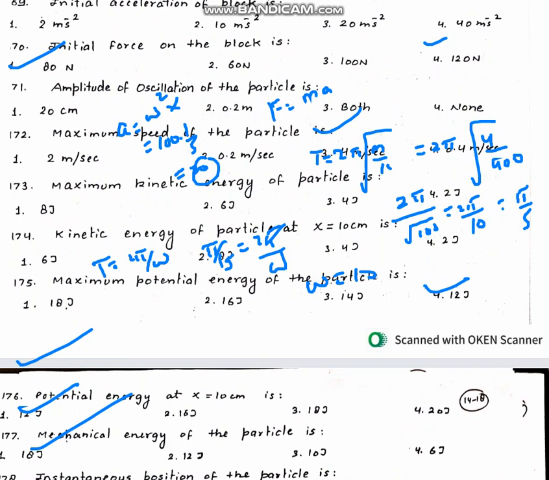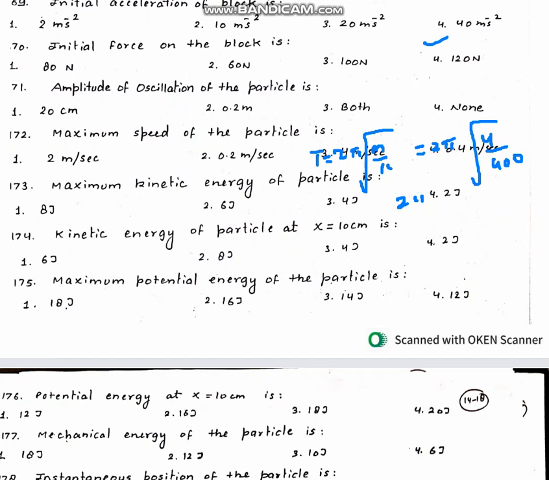Then amplitude of oscillation will be, so initially it is at the left extreme. So from the mean position the displacement is 20, so that will be the amplitude itself. So it will be 20 centimeter or 0.2 meters. So both are correct. So third will be correct over here.